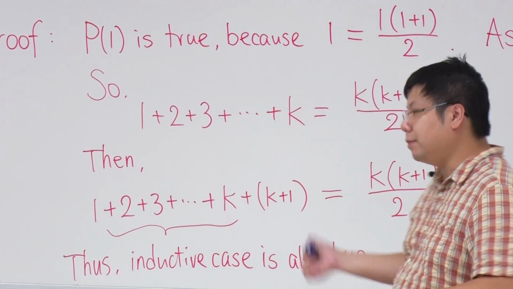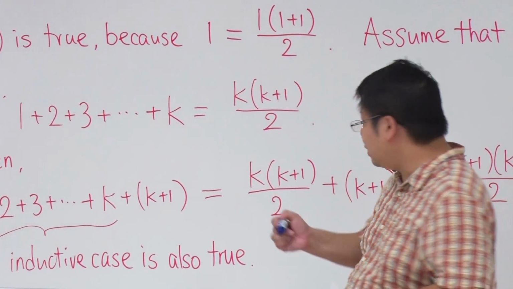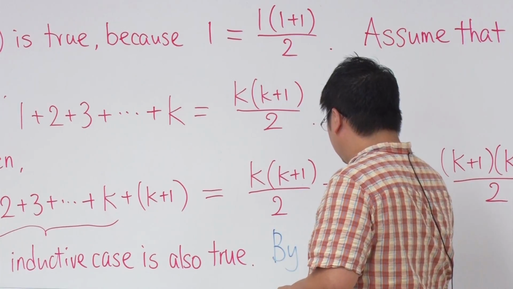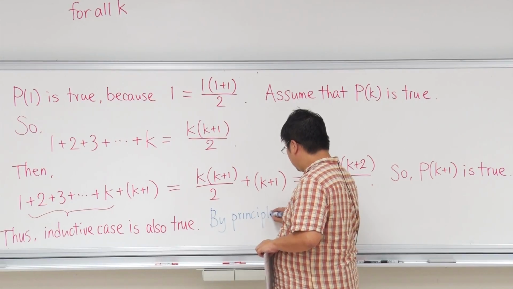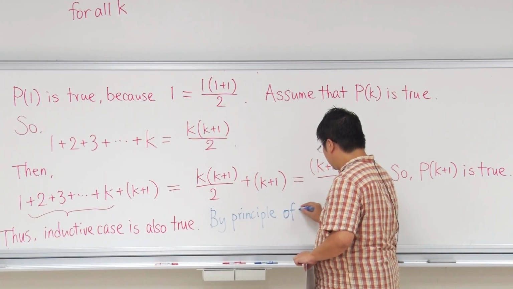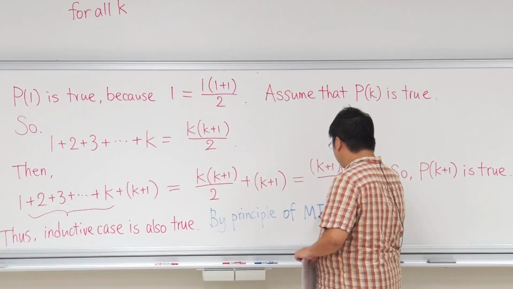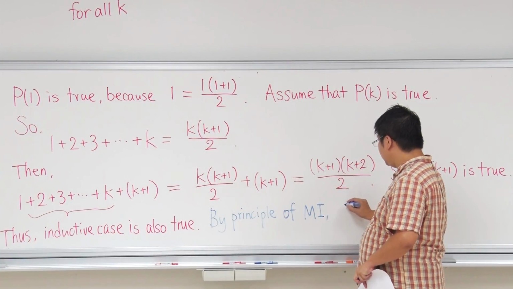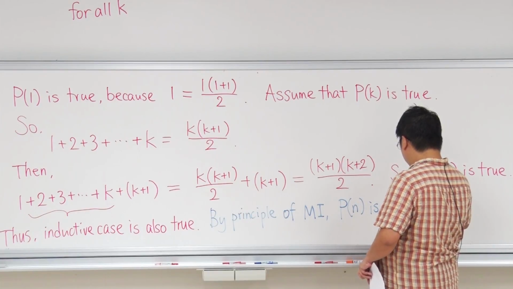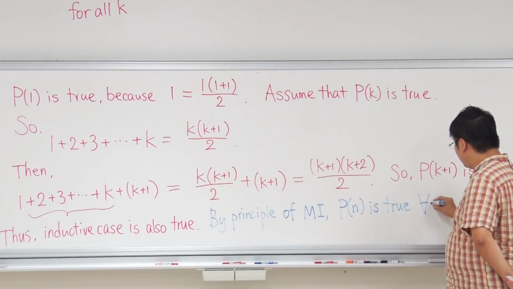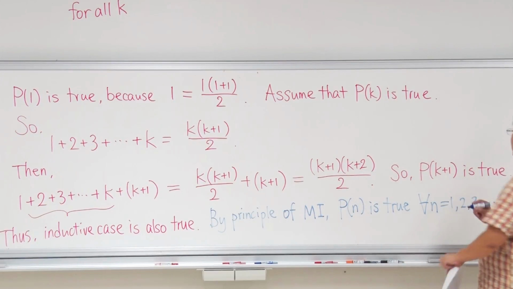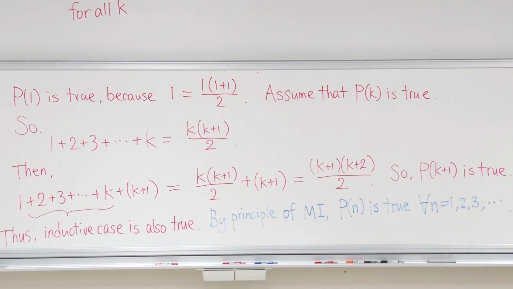But to make everything make sense to a reader, we will usually end by saying that by the principle of mathematical induction, the statement Pn is true for every n equal to 1, 2, 3, and so on. Okay, so this is the conclusion of the proof.